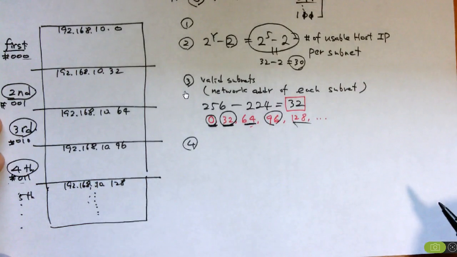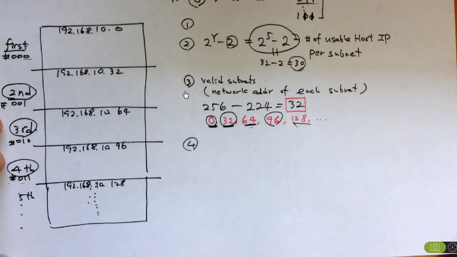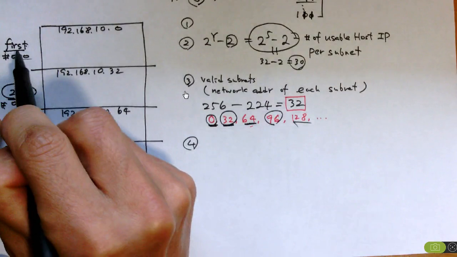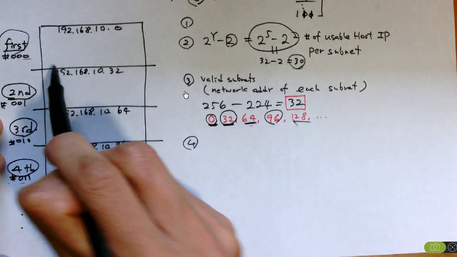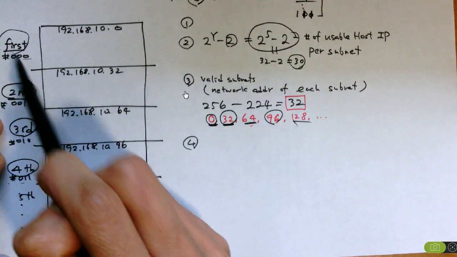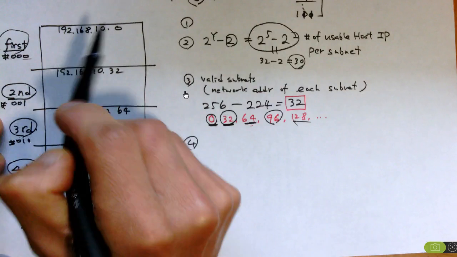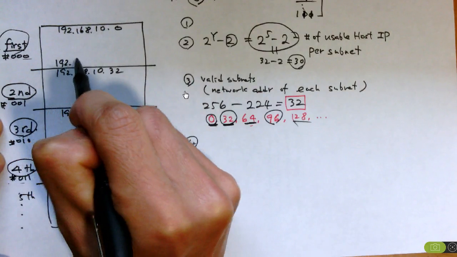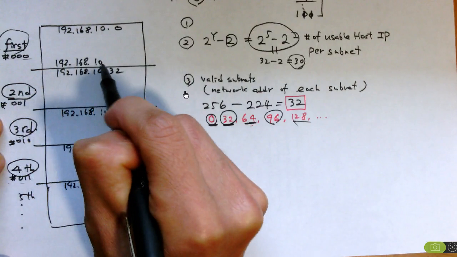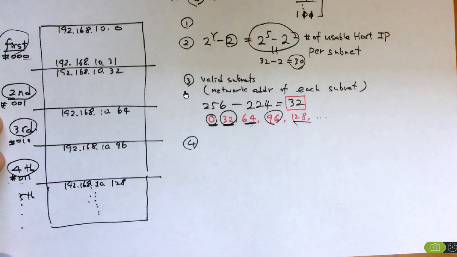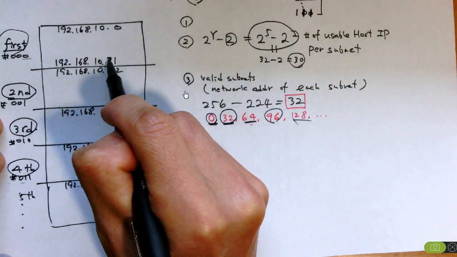So I may ask you, what is the broadcast address of the first subnet? The broadcast address of the first subnet is the network address of the second subnet minus 1, which is, right, 31.